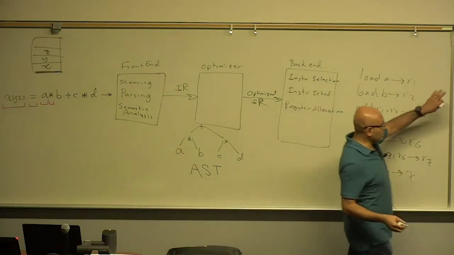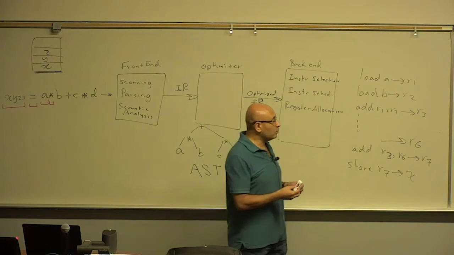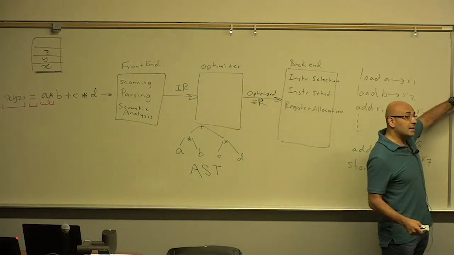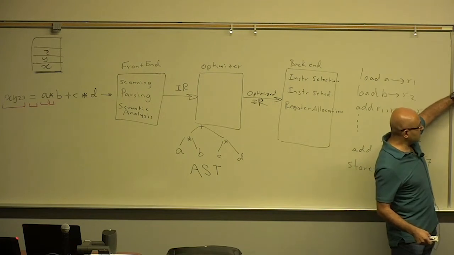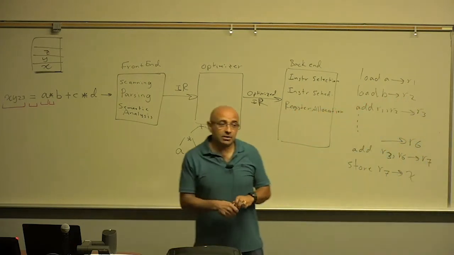These are the essential features that we will learn how to build a compiler for. How to build a compiler that takes a program that has only these essential features, expressions, assignments, conditionals, and loops, and translate that into assembly code.